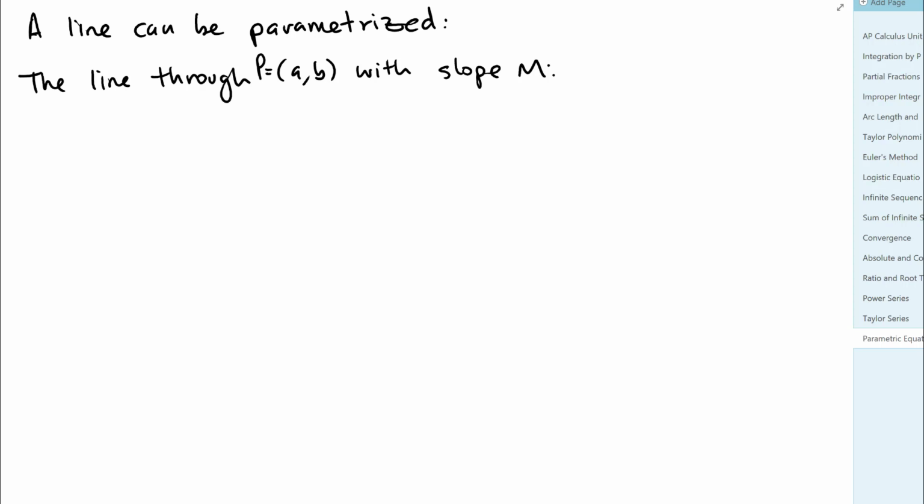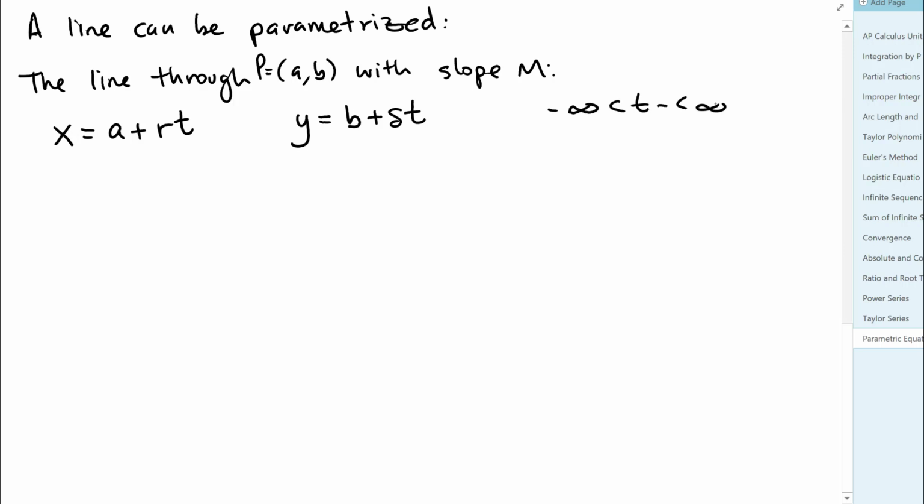If you have a line through a point a, b with a slope of m, then the x-coordinate will always be a plus some r value times t. The y value will always be b plus some s value times t, where t is going to be somewhere between infinity and negative infinity. And so basically for any r and s where r is not equal to 0, the slope will be s over r.